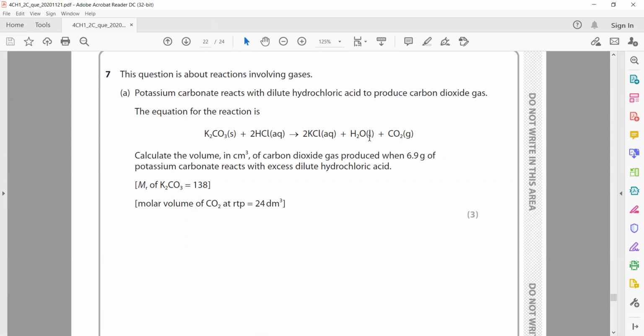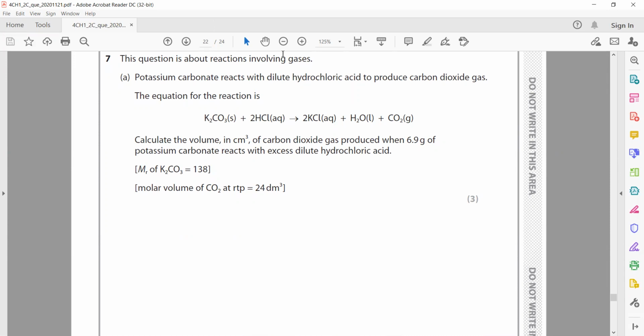This question is about the reaction involving gases. Potassium carbonate reacts with dilute hydrochloric acid to produce carbon dioxide. The equation is shown. Calculate the volume in cm cube of carbon dioxide produced by 6.9 gram of potassium carbonate reacting with excess hydrochloric acid. First we'll get the moles of potassium carbonate.